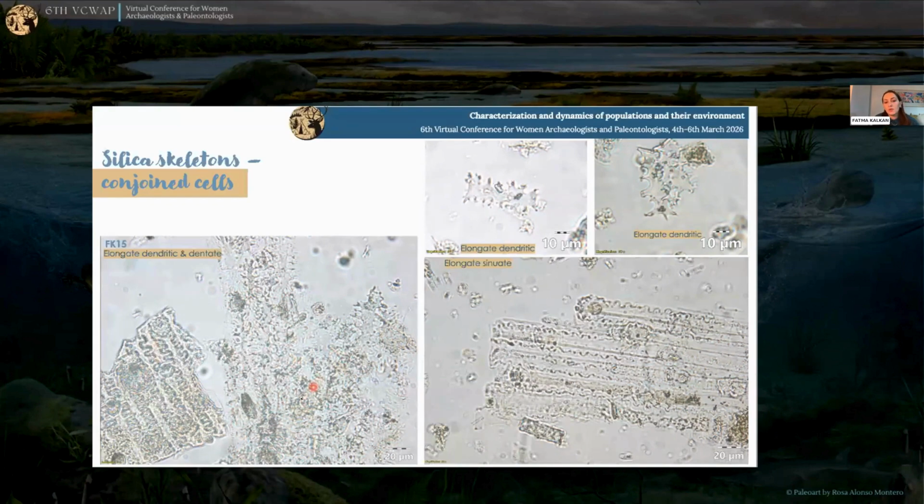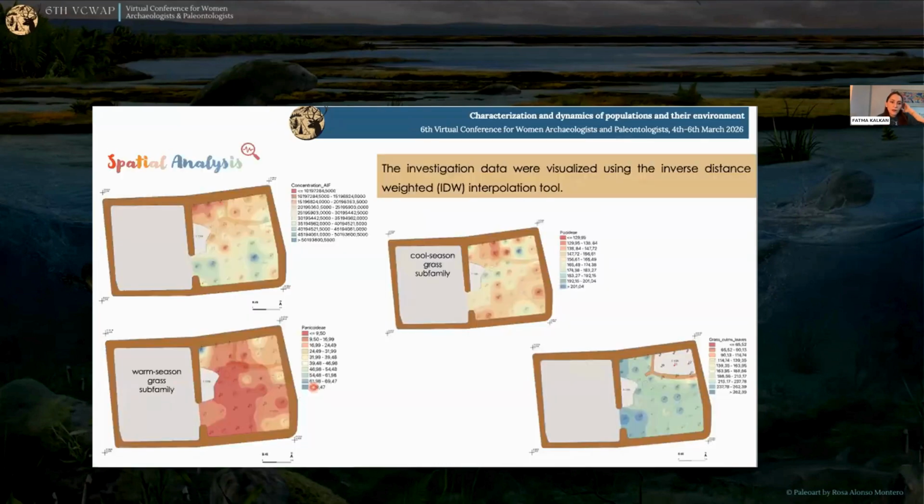Now I would like to show you the spatial distributions of plant macro remains. This distribution map demonstrates phytolith concentration on floors. Blue indicates high values. Based on these distributions, phytolith concentration is in the southern part of the room, particularly at the threshold. It is important to highlight the presence of a grindstone at the threshold.